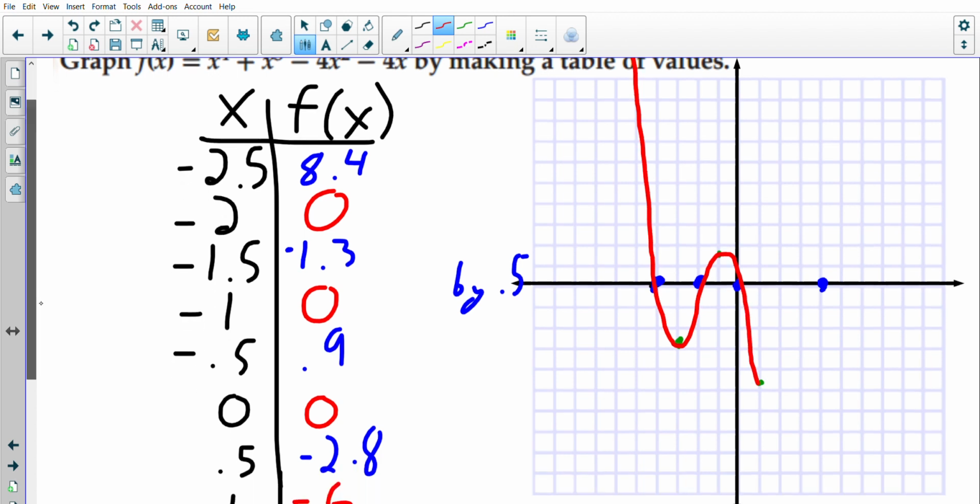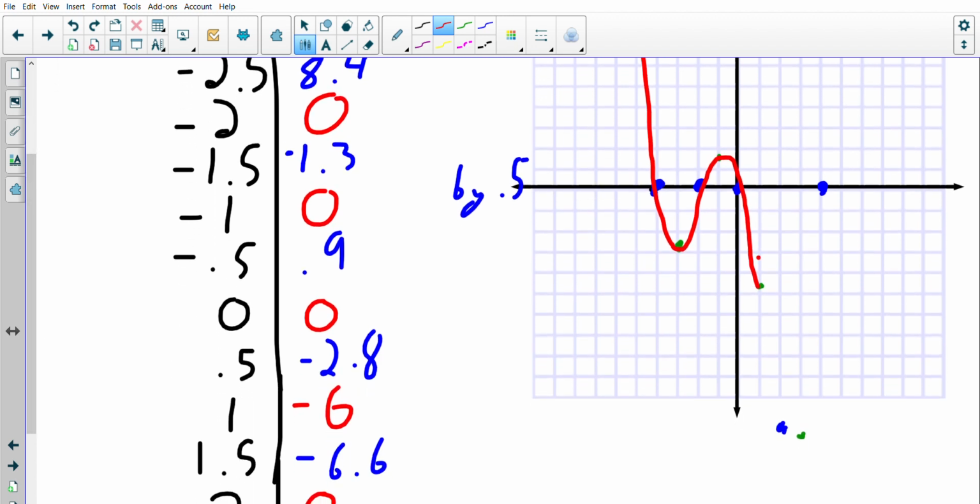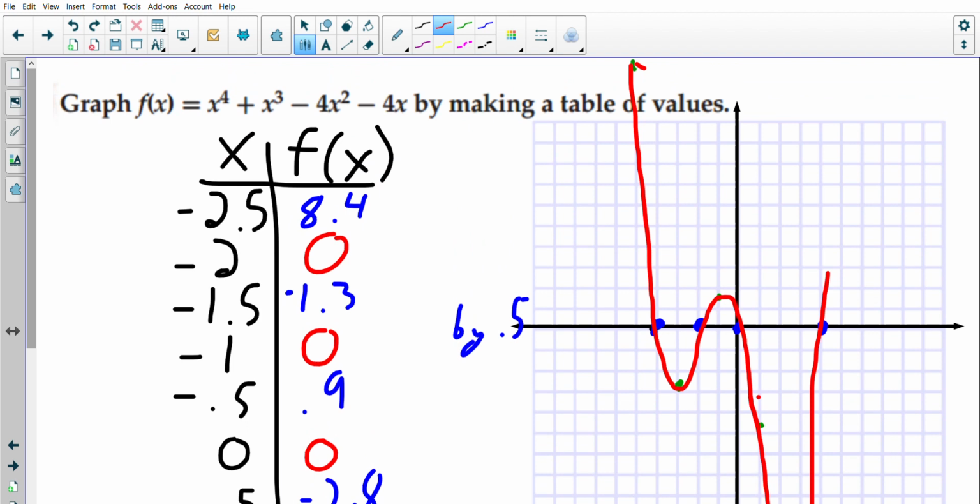It'll keep dropping way down, and I know it needs to end up on the positive, so it keeps going back up. It looks something like this. Now, it's not going to be perfect, but you have an idea of what it looks like. That's why we always say the more numbers, the better.